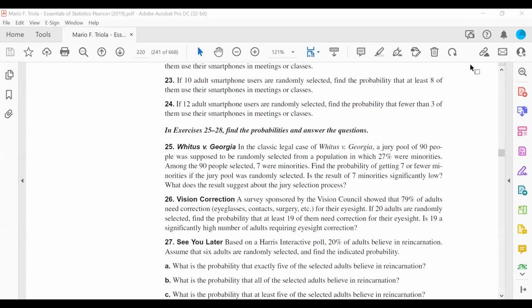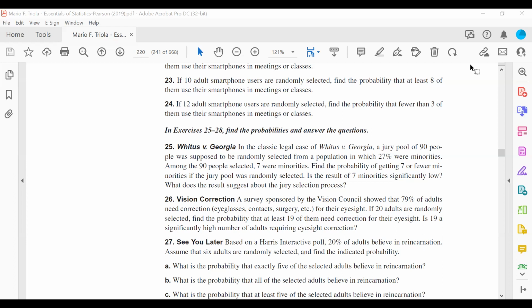Recall that I have to change 27% to decimal, so that would equal 0.27. And my X, you have to write down exactly what it says. Does it say exactly, fewer than, more than? It says find the probability of getting 7 or fewer.